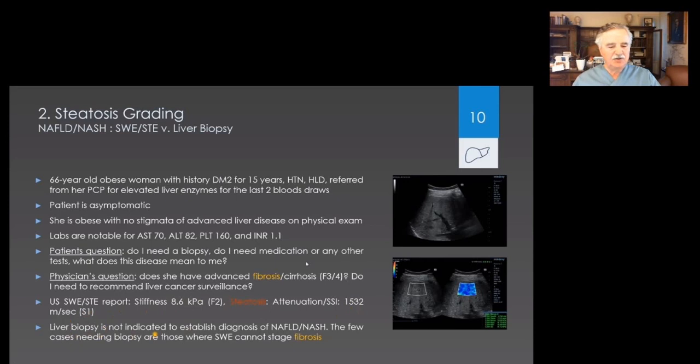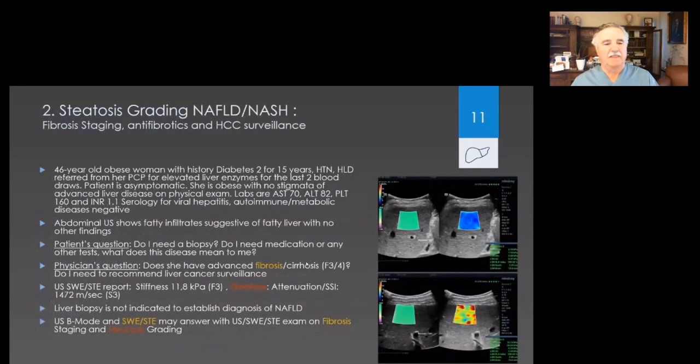Liver biopsy is not indicated to establish the diagnosis of NAFLD and NASH. The few cases needing biopsy are those where shear wave elastography cannot stage fibrosis.